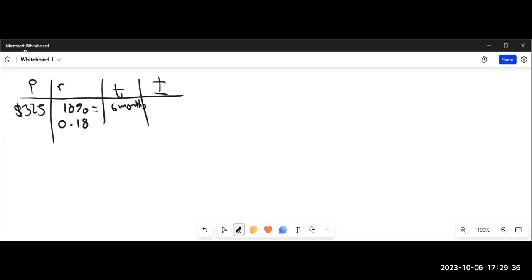So I have to say that 6 months is equal to half of a year. So my interest is 325 times 0.18 times 0.5, and I get $29.25.